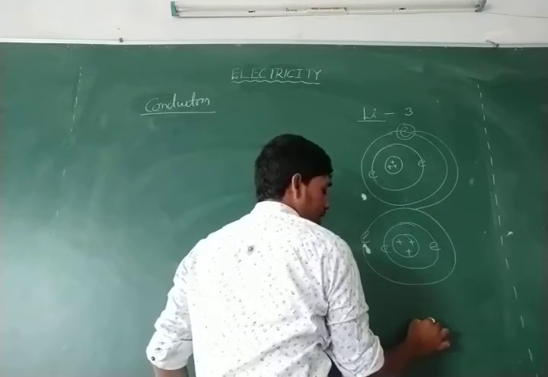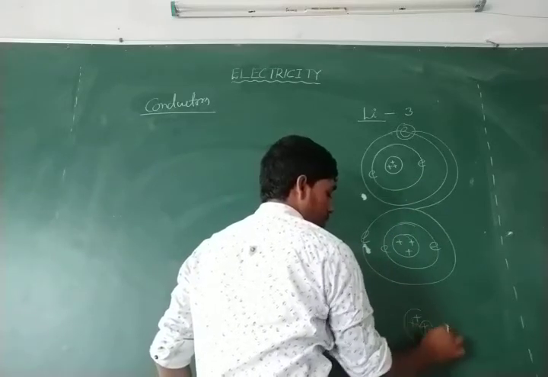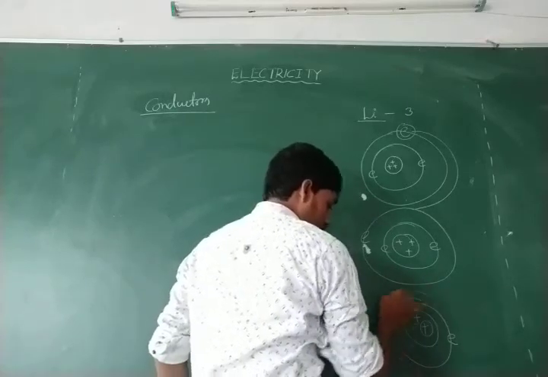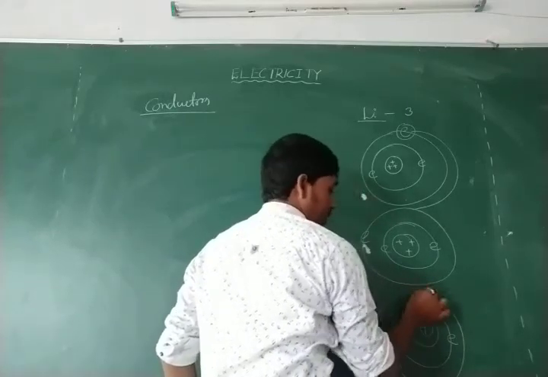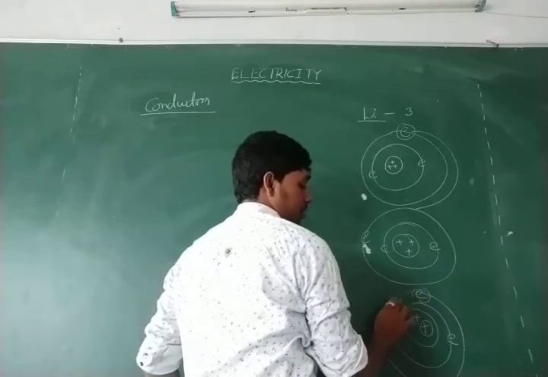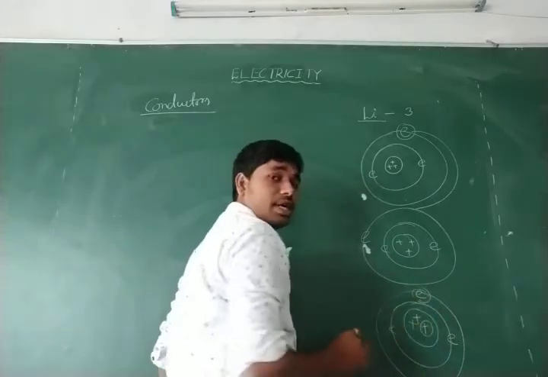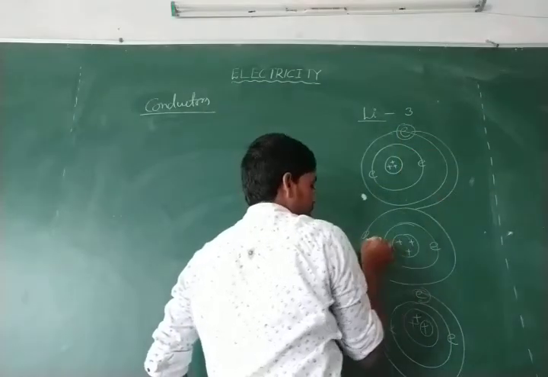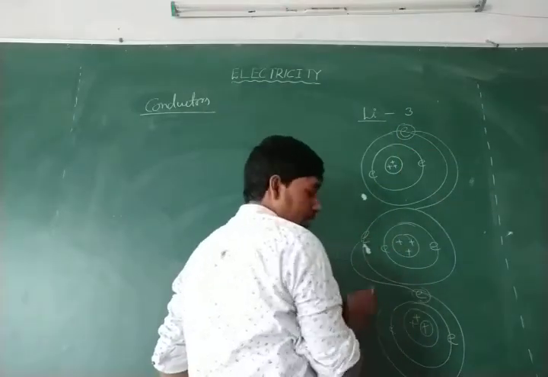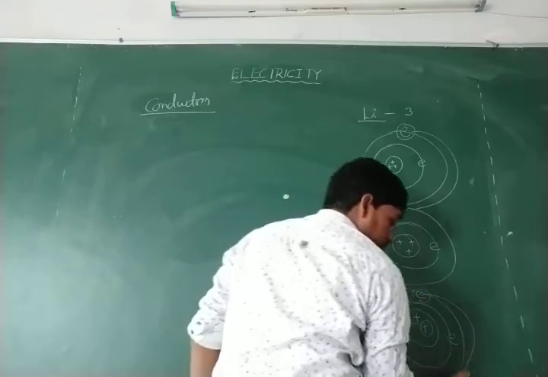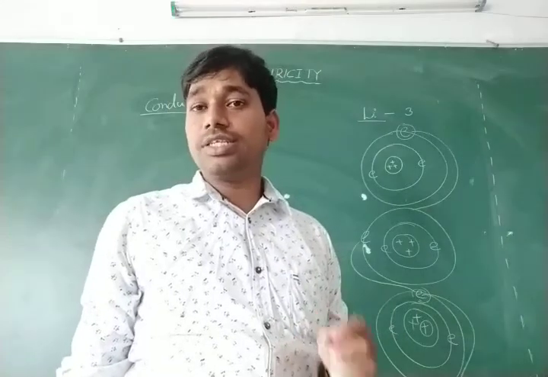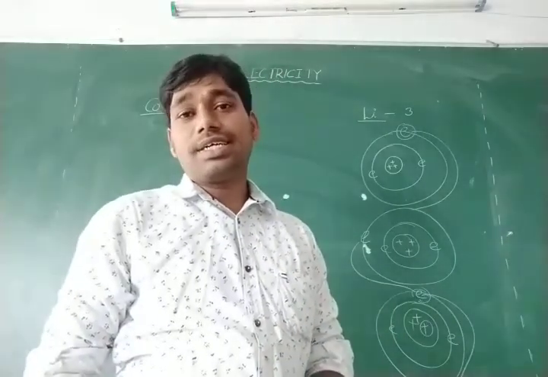In the other atom also there are 3 electrons, and the outermost electron present in the valence shell is called a free electron. This free electron jumps from one atom to another. Likewise, the moving of electrons in a conductor is called electric current.